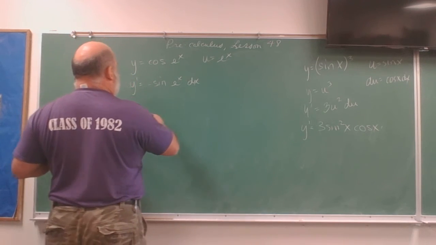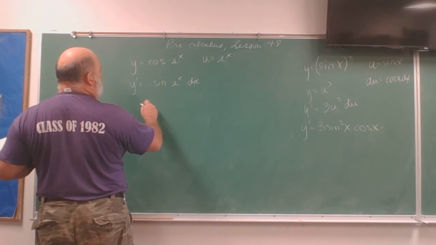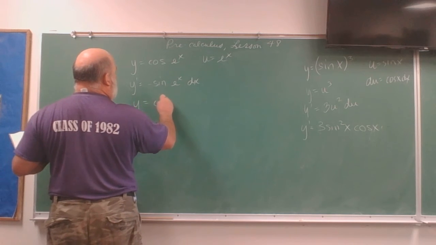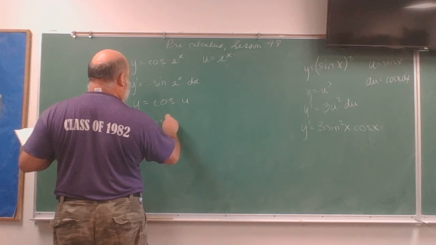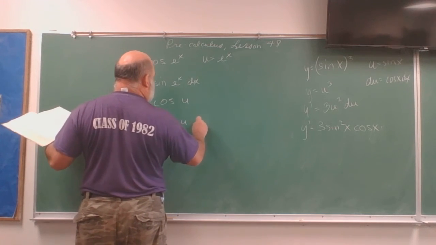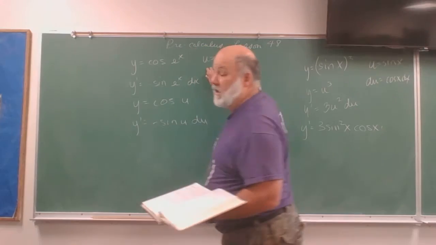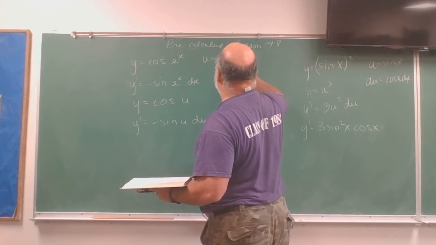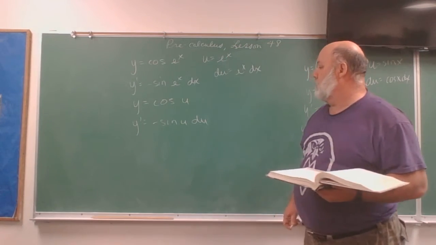Or in this case, I should have said y equals cosine u, and the derivative is negative sine u du. That's what I should have said. All right, so if u is e to the x, du is e to the x dx again. Okay?